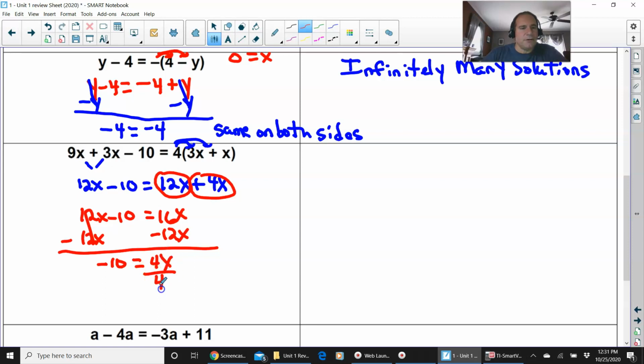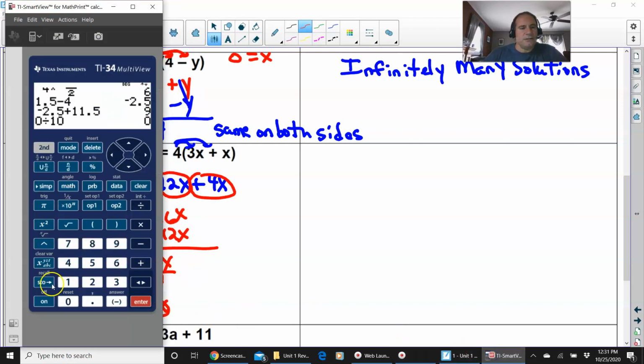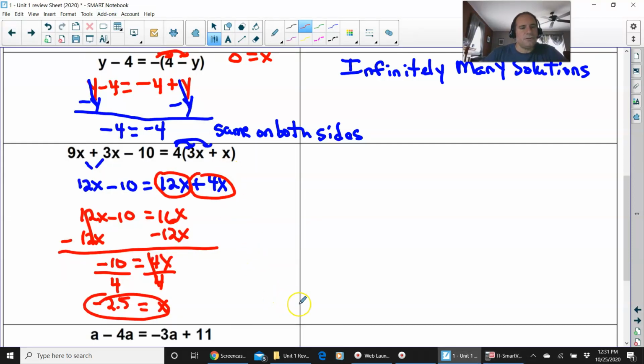You divide by 4. X equals negative 2.5. Just remember, use that calculator. You have negative 10 divided by 4, negative 2.5. Just making sure. All right, that is one solution.